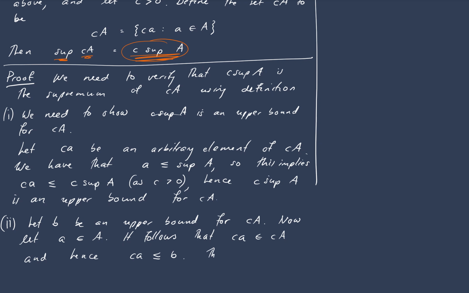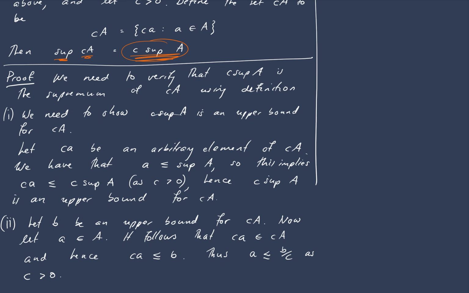Thus a is less than or equal to B over c, as c is greater than 0.